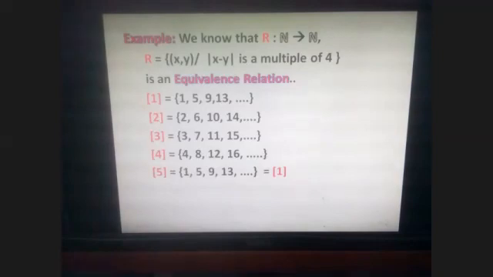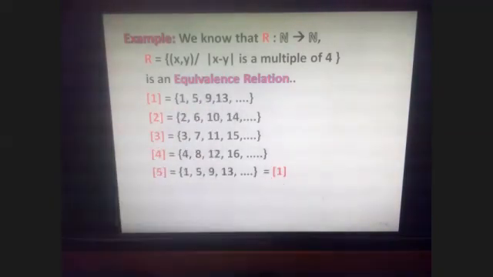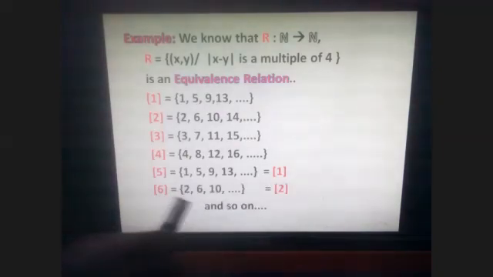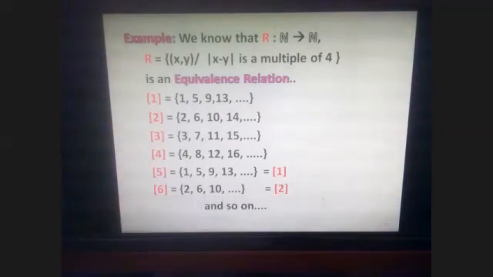It also contains 1, 5, 9, 13, and so on. That is the equivalence class of 1. If you take the equivalence class of 6, 2 is related to 6, 6 related to 6, and so on. That is the equivalence class of 2. Now, these 1, 2, 3, 4 are disjoint. If you take the next one, that is identical to this. So it is obvious: two equivalence classes are either disjoint or identical.